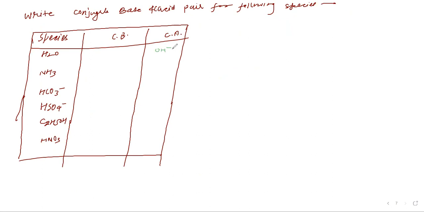What you are writing is absolutely wrong. Okay, correct. What will be the conjugate acid? Okay, good.